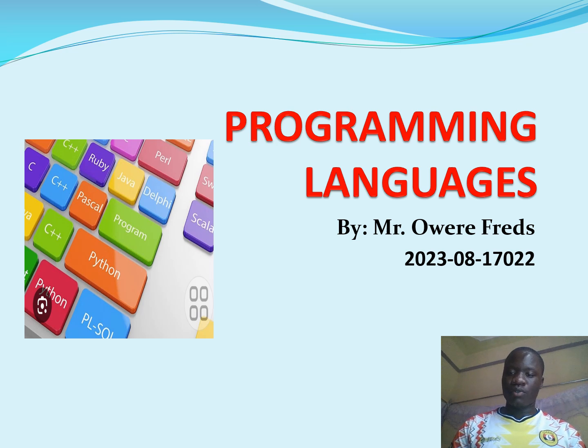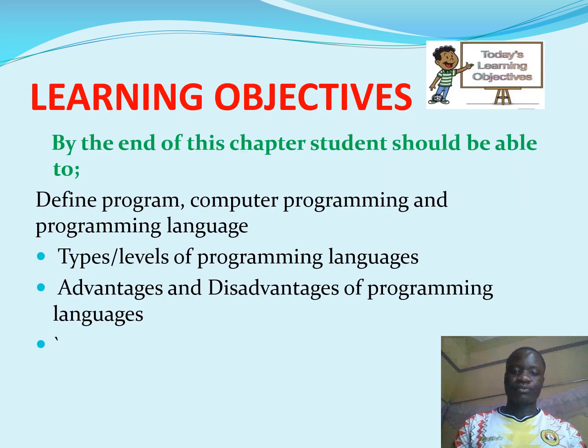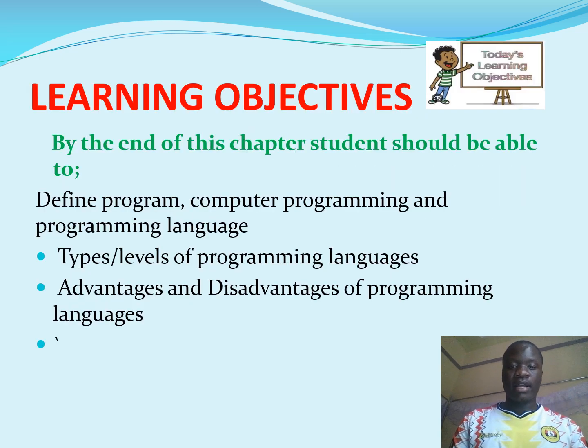Before we continue, let us see the learning objectives, whereby by the end of this chapter, we shall be able to: one, define different terms like program, computer programming, programming languages, and among others.